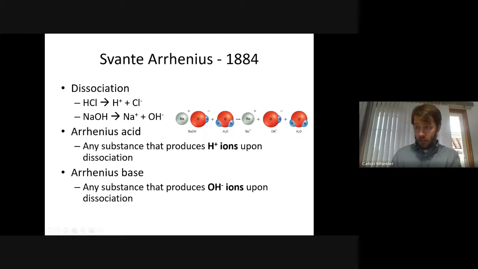This OH is the hydroxide. And then acids produce the hydrogen ion when they dissolve. And that was his definition for the acids and bases. Very simple. Acids produce hydrogen ions. Bases produce hydroxide ions when they dissolve. And this works for most things. It works most of the time.